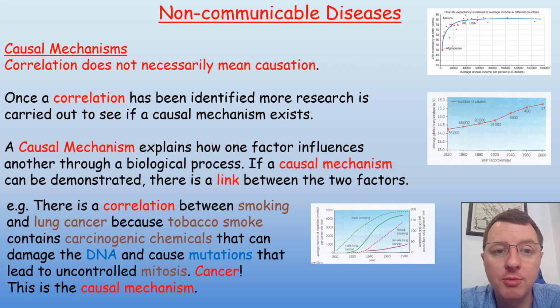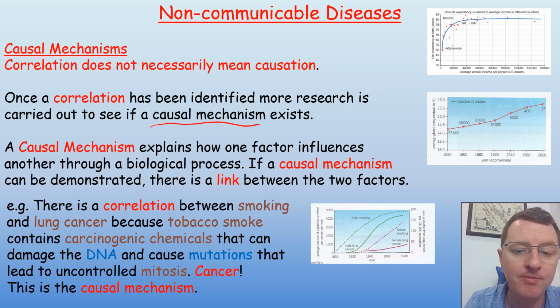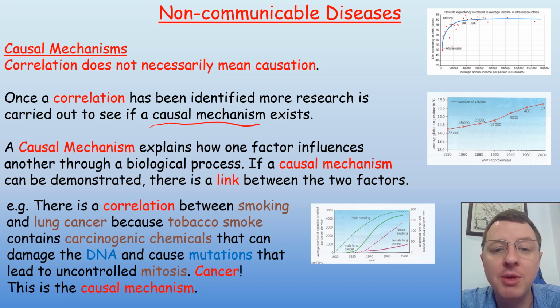Causal mechanisms. A key phrase for your exams is that correlation does not necessarily mean causation. Once a correlation has been identified, more research must be carried out to see if a causal mechanism exists. A causal mechanism explains how one factor influences another through a biological process.